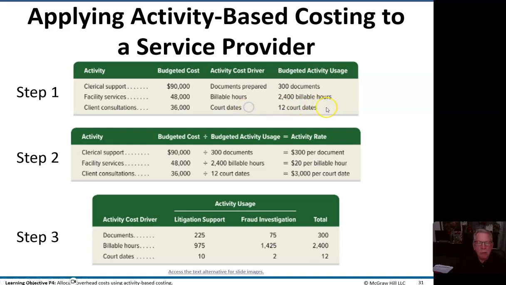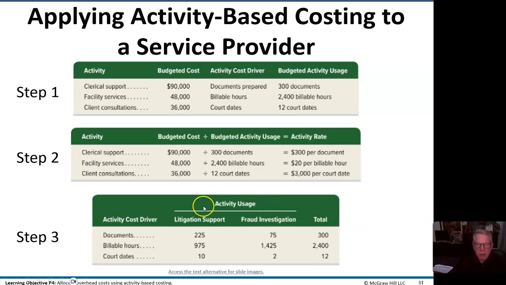And court dates, we would have 12 court dates for a legal service provider. So now we can take these budgeted costs, divide them by the total budgeted activity that we did here, and that gives us our activity rate. We have $300 per document, $20 per billable hour, and $3,000 per court date.